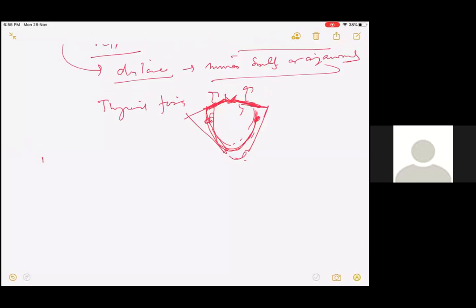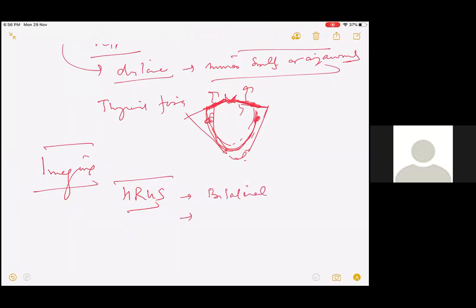Second is imaging. So good history, examination followed by imaging. And we must do high resolution ultrasound. Your answer in the exam should be high resolution ultrasound. This is important to pick up whether the disease is bilateral.